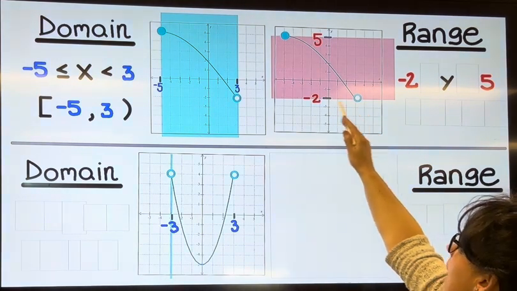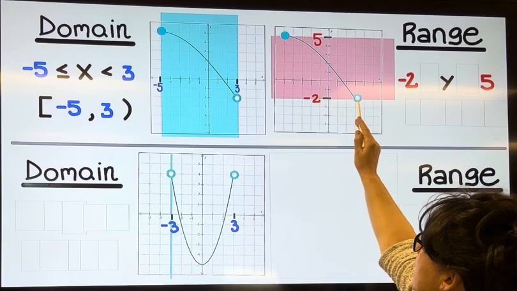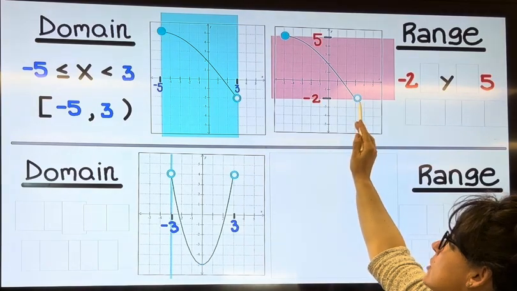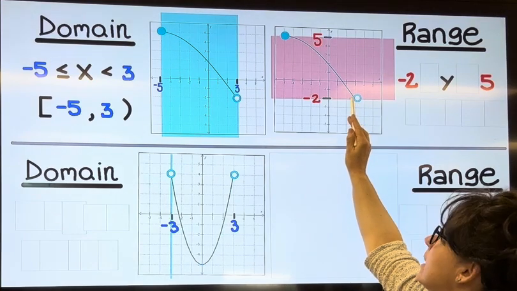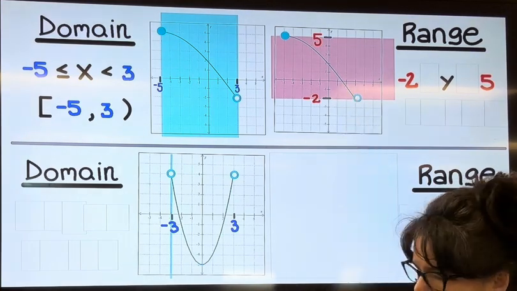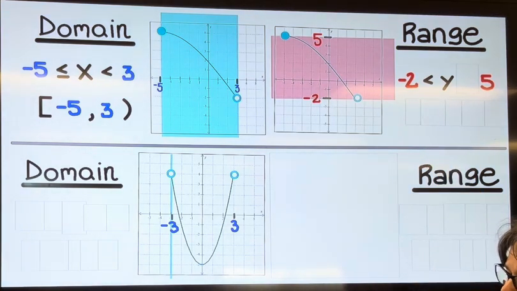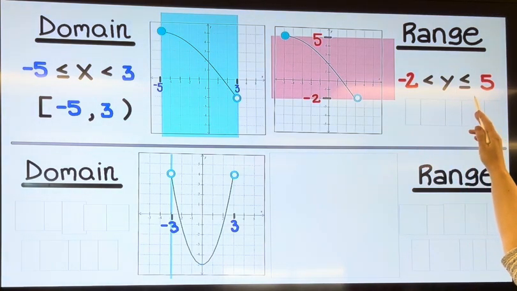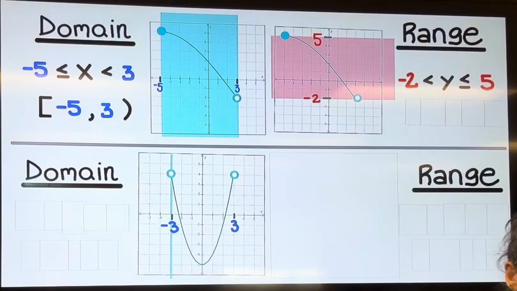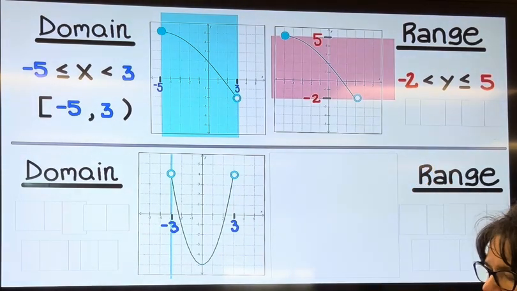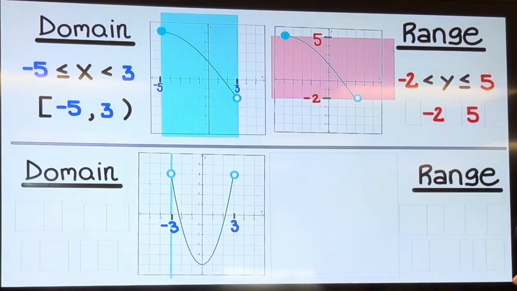Now, at a height of -2, we're not on the graph because there's an open dot. But as I move up, I'm on the graph. So I'm going to say -2 is less than y, and then we're staying on or under 5. If we switch over to interval notation, we're going to have our -2 and our 5, with a comma in between.